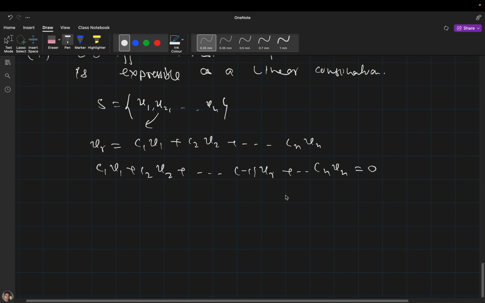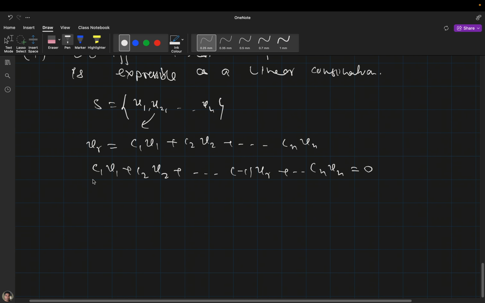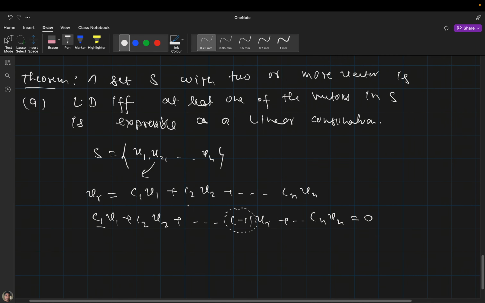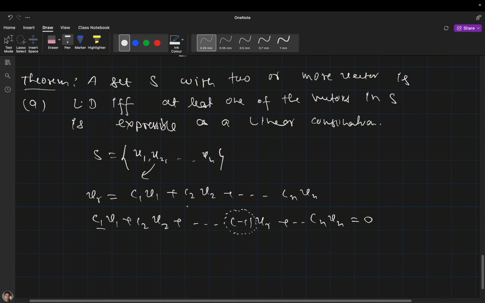In the worst situation maybe c1, c2, dot dot cn will be 0, but at least one index, that is cr, is non-zero, which means this system is linearly dependent. So if at least one of the vectors can be expressed as a linear combination of others, then that system will be called a linearly dependent set. Fine.